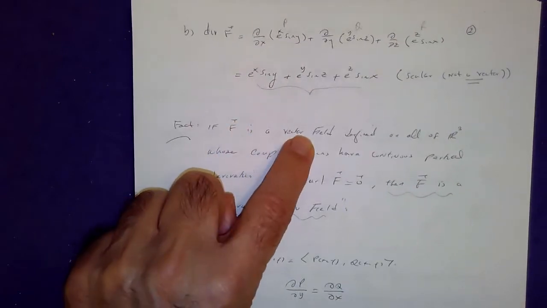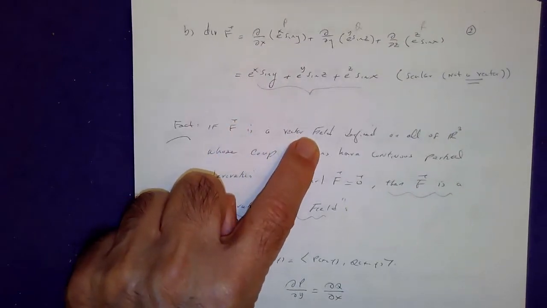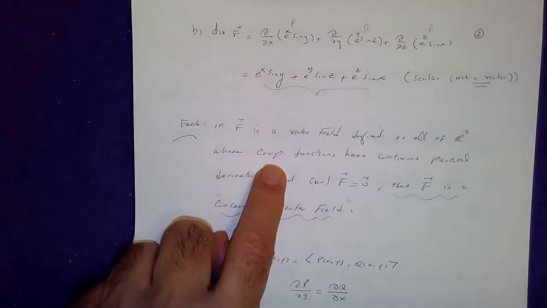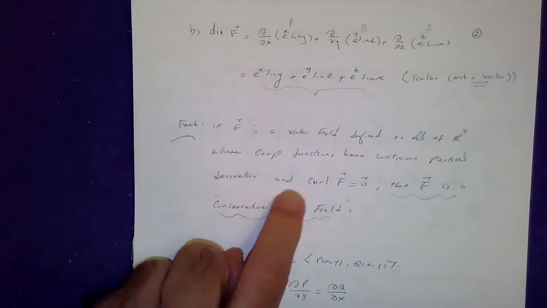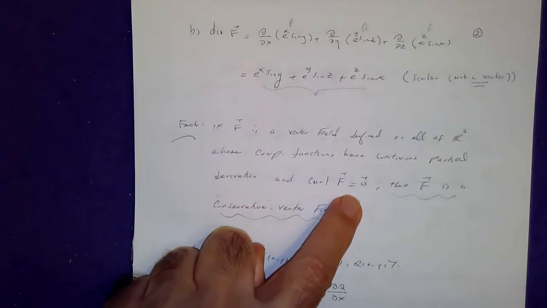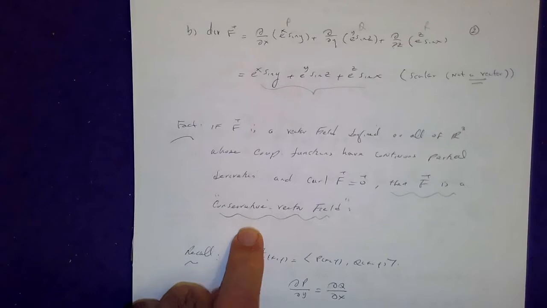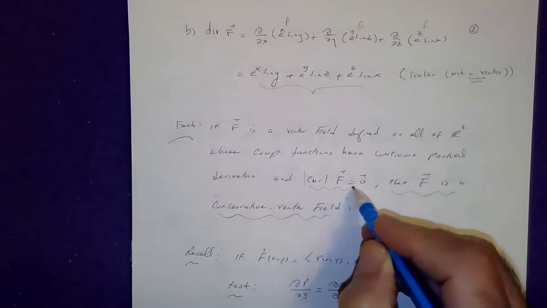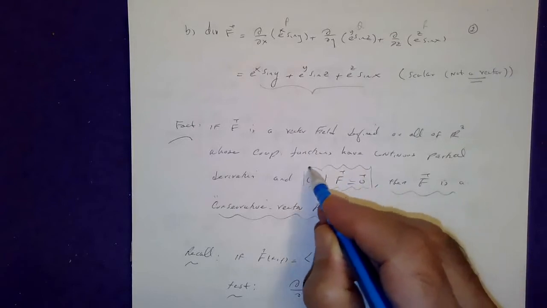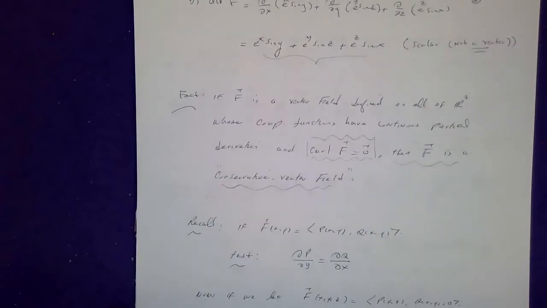If f is a vector field defined on all of R3 whose component functions have continuous partial derivatives, and the curl of f is 0, then f is conservative. So there goes a nice test to see if a vector field is conservative or not. Check and see if its curl is equal to 0.